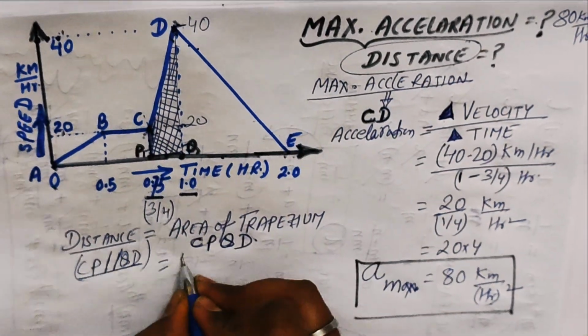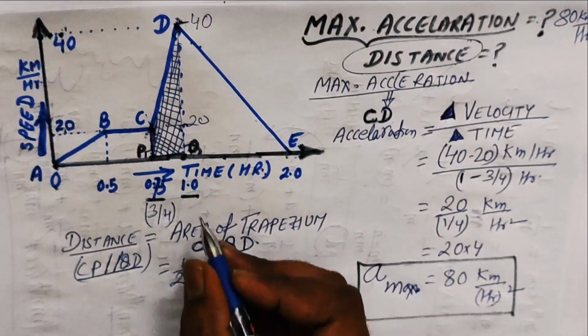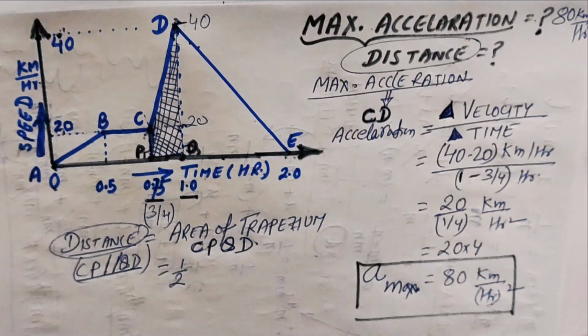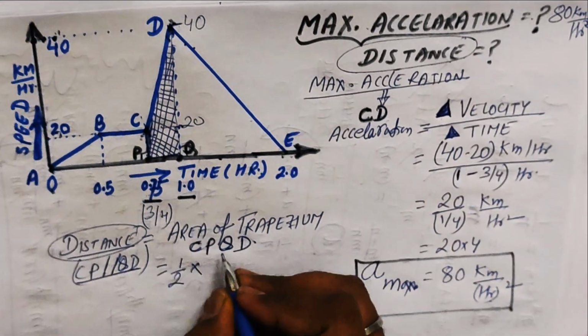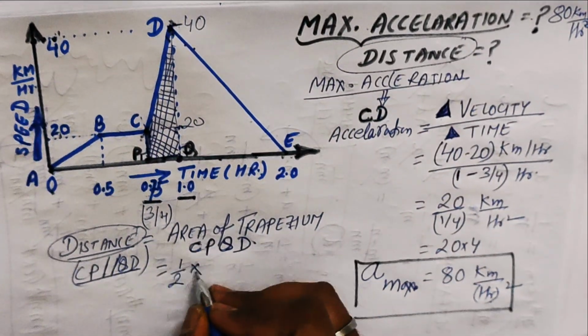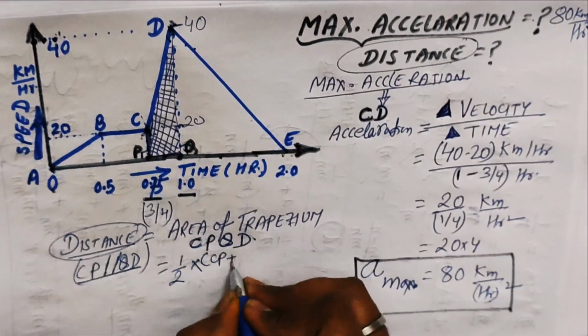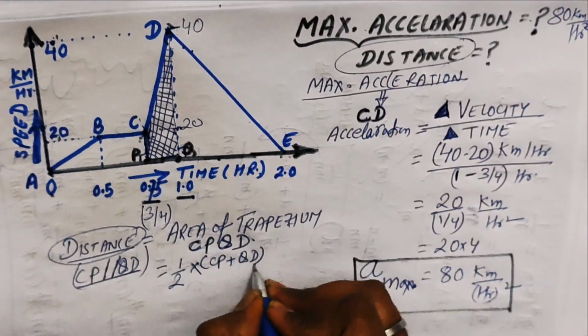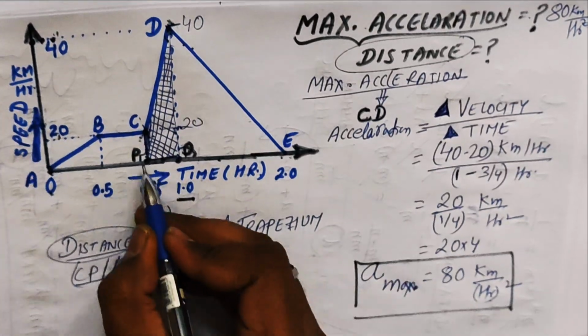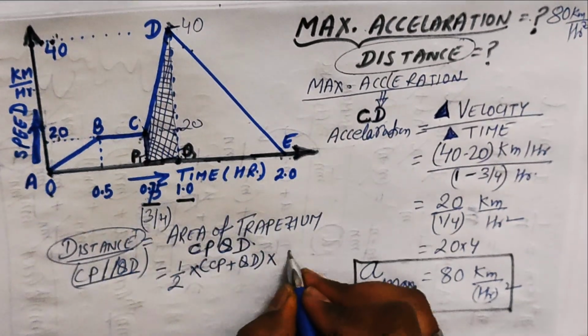So the area of the trapezium will give you the distance, right? That is half into the sum of parallel sides. That means half of CP plus QD, right? Multiplied by the distance between the parallel lines, that is PQ.